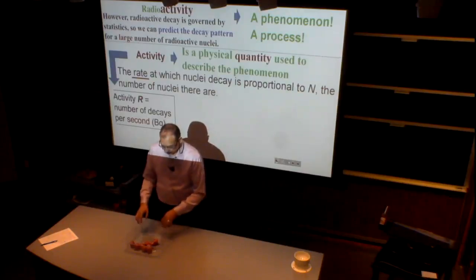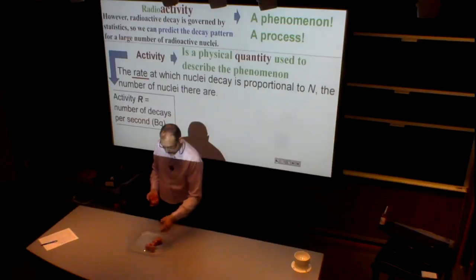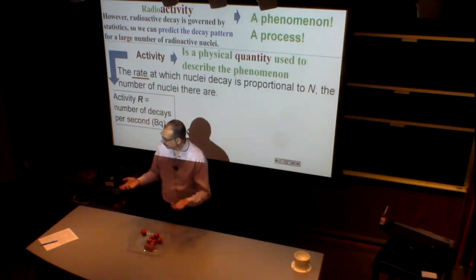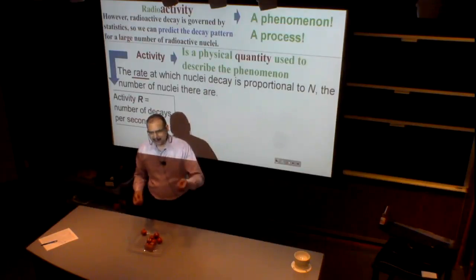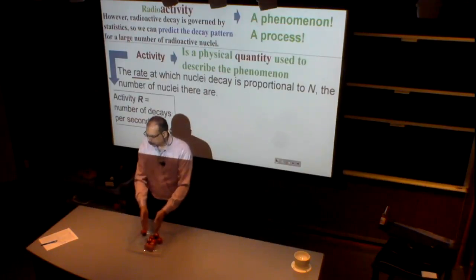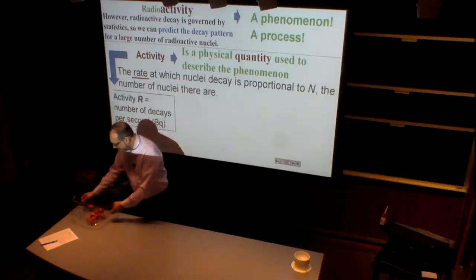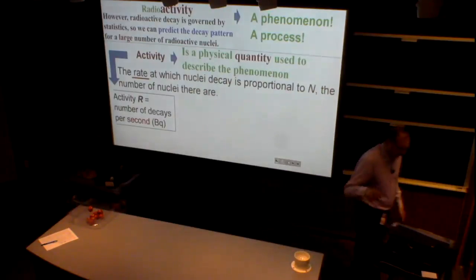And of course, if you have only few elements, that means activity is low. If we have many, that means activity is high. So activity, the number of decays per second, is directly proportional to the amount of radioactive material.